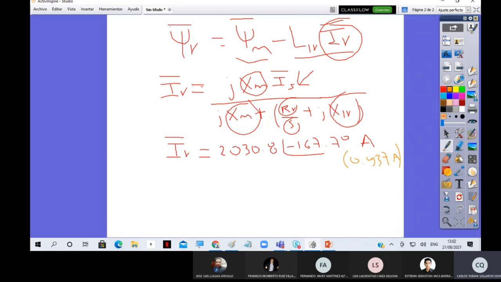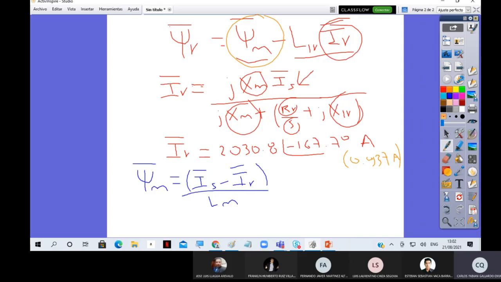On the other hand, I need to know the magnetizing flux linkage. By definition, we have already demonstrated this equation. The magnetizing flux is equal to the stator current minus rotor current over the magnetizing inductance.